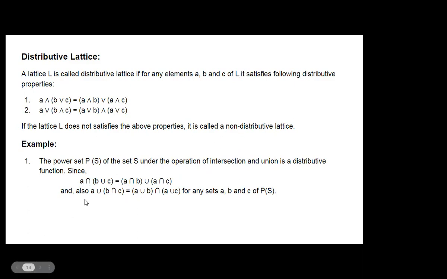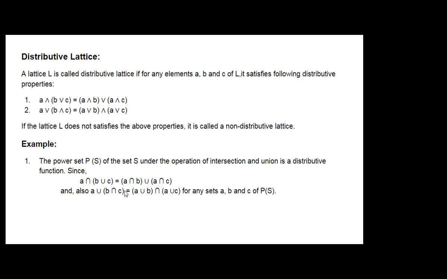Total 8 sets will be there in the power set. If we perform this operation between those sets of the power set of S, we get that the lattice is a distributive lattice.